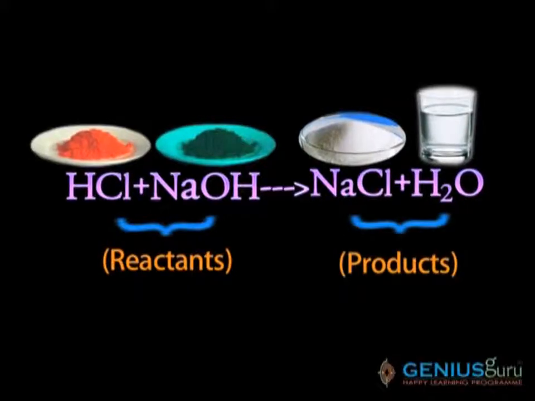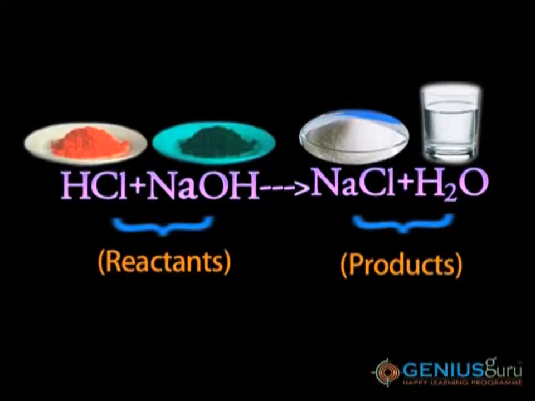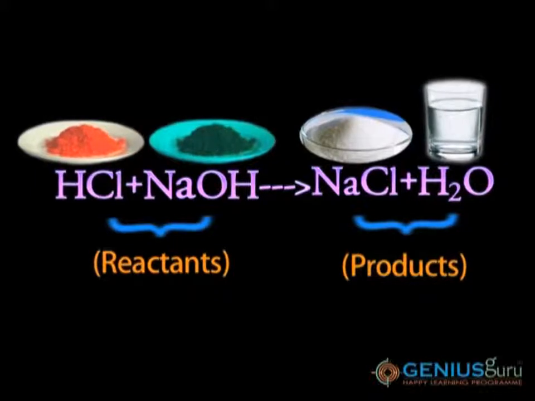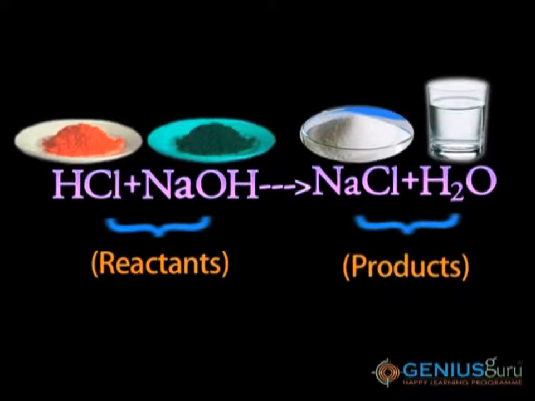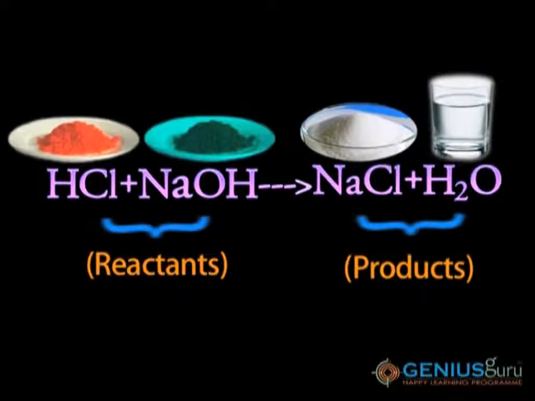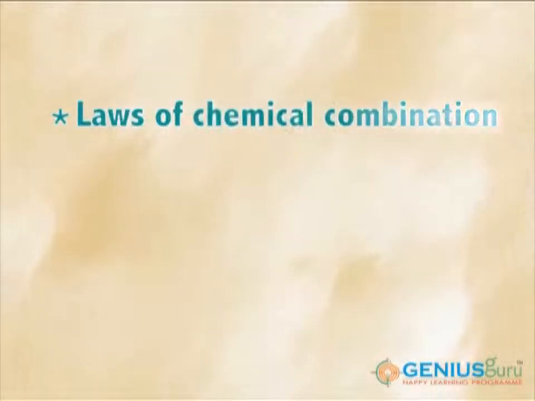To obtain a quantitative relation between the reactants and products, we must be thorough with the four concepts involved in stoichiometry. The first one is the law of chemical combination, which mainly deals with chemical reactions.